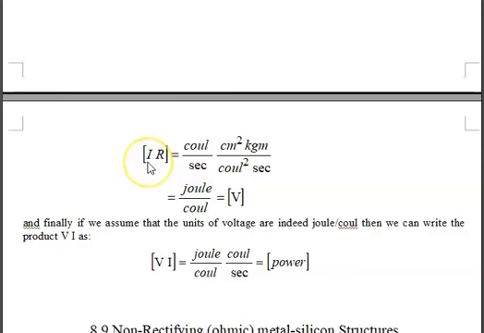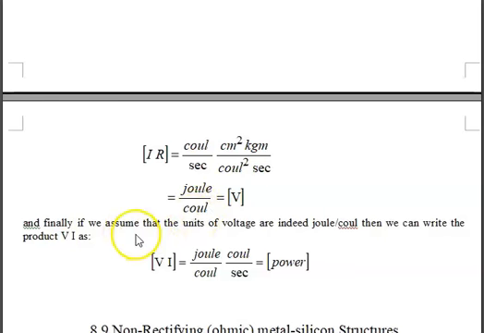So I get that the units of voltage are joules per coulomb. I find that the units of voltage are not joules, but joules per coulomb. And that is pesky, but it can be important at times.